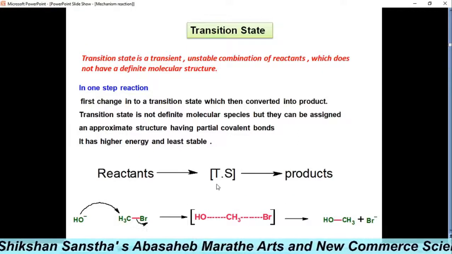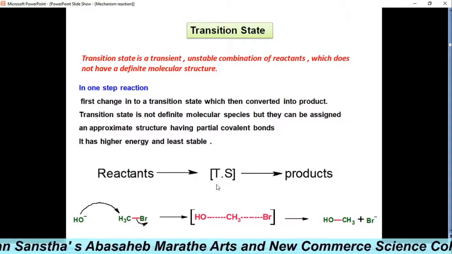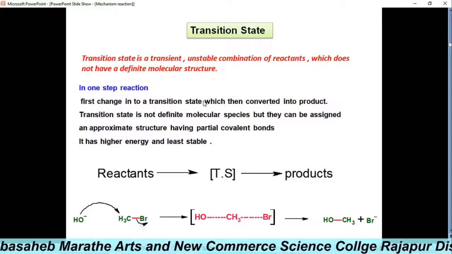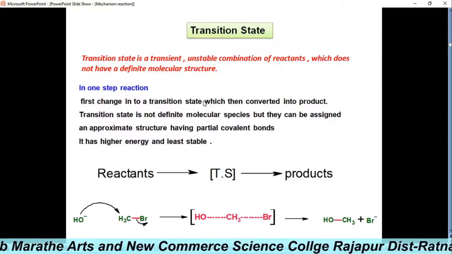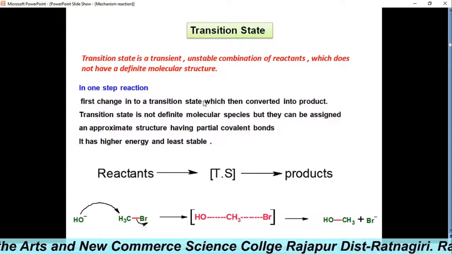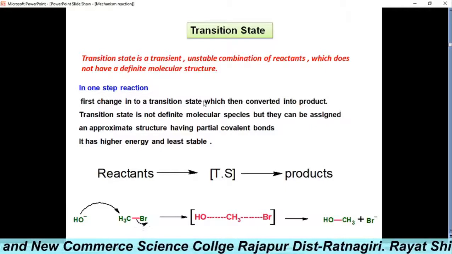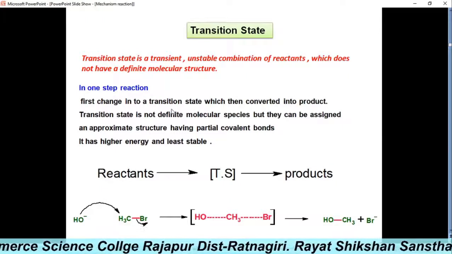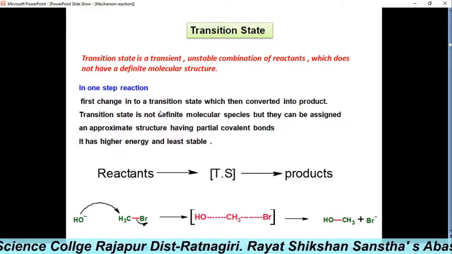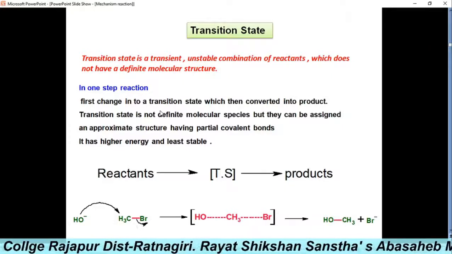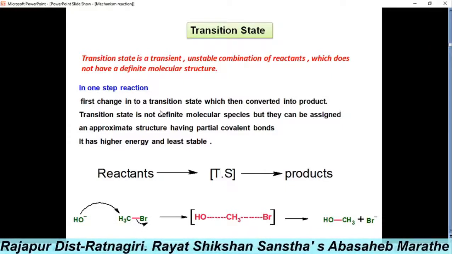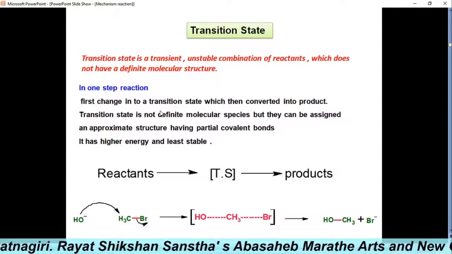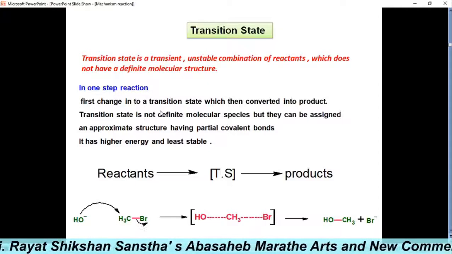Now let's see the next point, the transition state. Most organic reactions can take place in one step or two steps. However, the reactants do not directly change into products; the chemical reaction can be assumed to be a continuous process involving a gradual change from reactants into products.